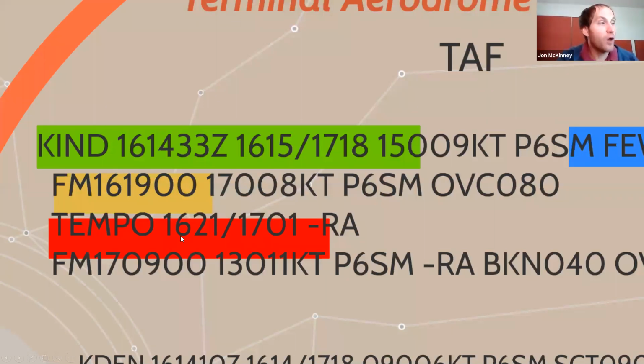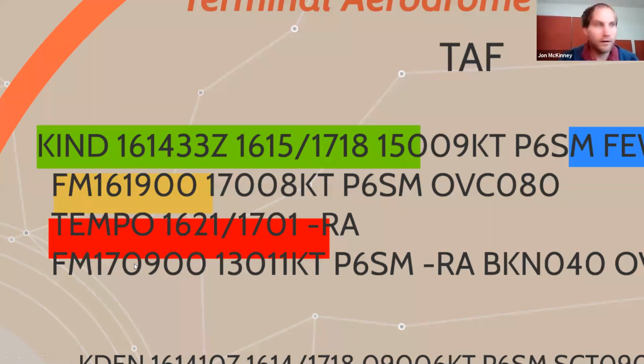However, during that larger time period of 19 Zulu to 9 Zulu, the forecast is still going to be the same: 170 at 8 knots, greater than 6 miles visibility, overcast 8,000 AGL. That's not changing, but they're saying that temporarily there will be a worsening of conditions during this 4-hour window between 21 Zulu and 1 Zulu the next day, where we'll see light rain.